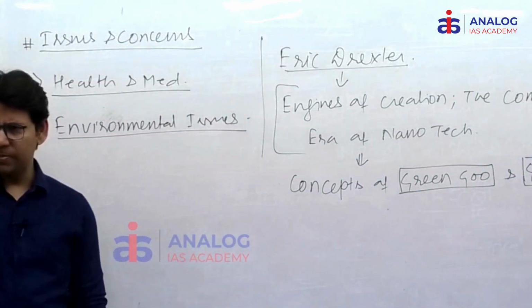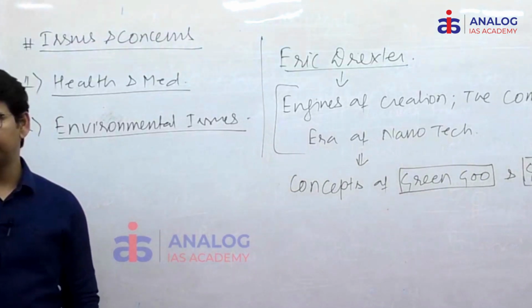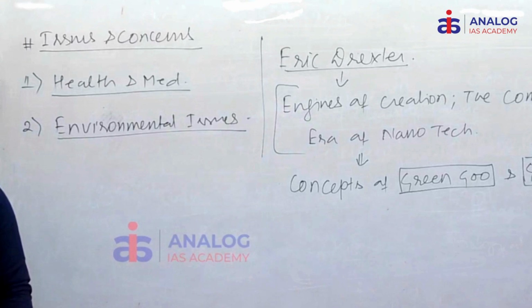There is very little difference between toxin and medicine. For some person it could be medicine, but for some other it could be toxin. If we use silver nanocrystal to kill bacteria, we say it's a medicine for us, but for bacteria it's a toxin because it is killing bacteria.